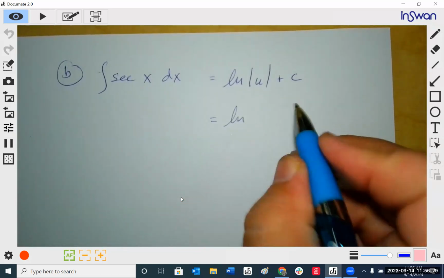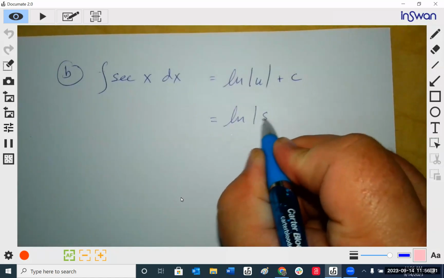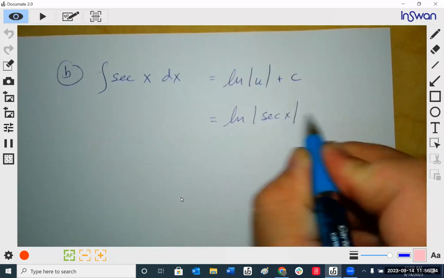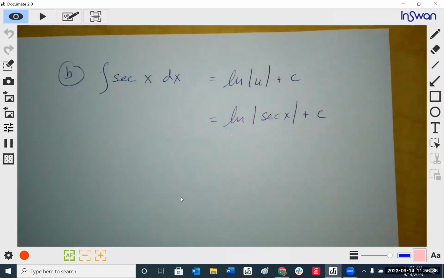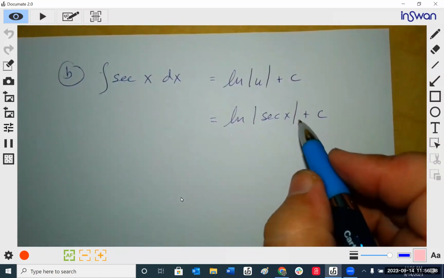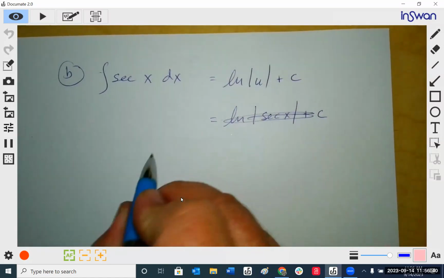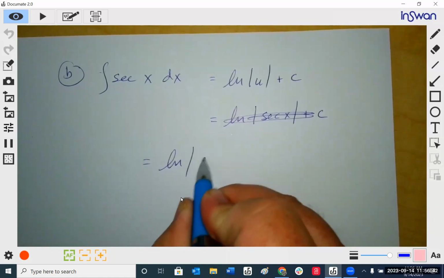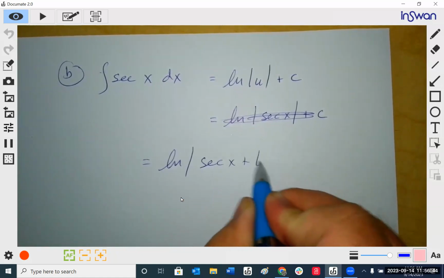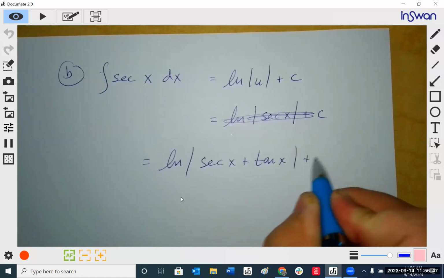So it's ln of secant x plus c. No, plus tangent. Yeah, it has to be ln of secant x plus tangent x plus c.